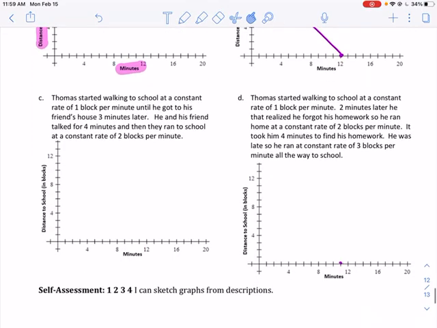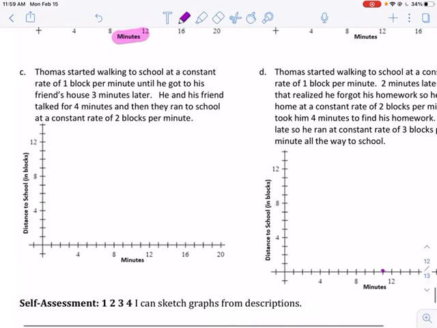Here's what C will look like. So he's got 12. He walked at a constant rate of 1 block per minute for 3 minutes. So you should have it look like this. And then it was flat for 4 minutes because he talked with his friend. And then they ran to school at a constant rate of 2 blocks per minute.